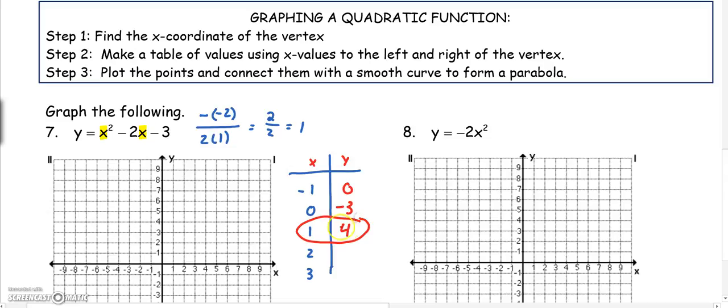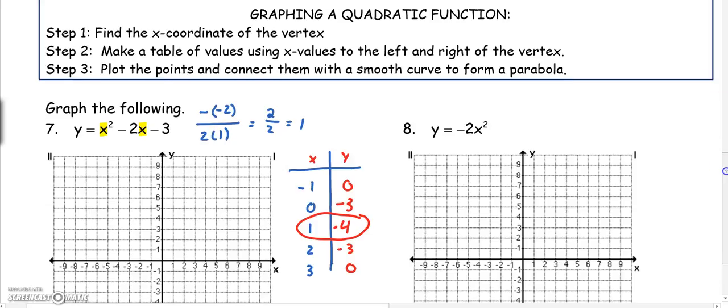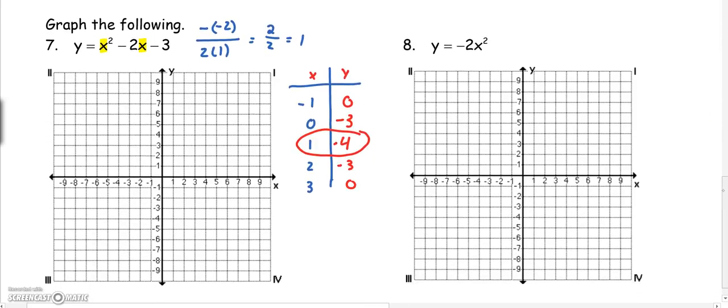This, remember, is your vertex, negative 4. 2 is negative 3, and 3 is 0. So now I'm going to plot my points. So I would have 1, negative 4, 0, negative 3, negative 1, 0, 2, negative 3, and 3, 0. And I'm going to connect this. So I have a parabola, which, remember, should have some type of U shape to it.